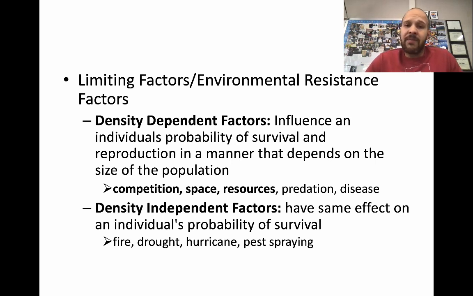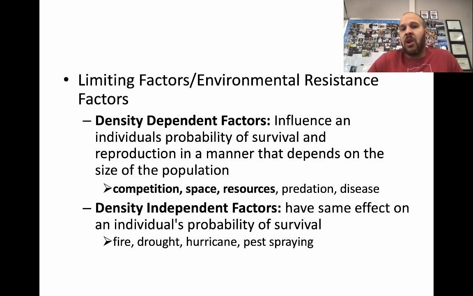Density dependent factors are things that directly influence the number of species. These are things like competition with males or females. Space would physically limit the number of species. The amount of food and water would limit it, and how many predators they have or disease.